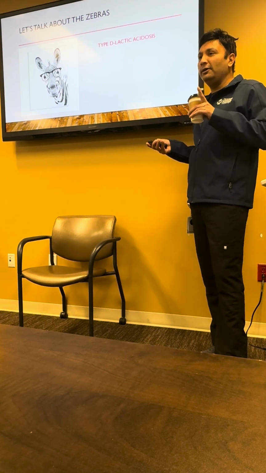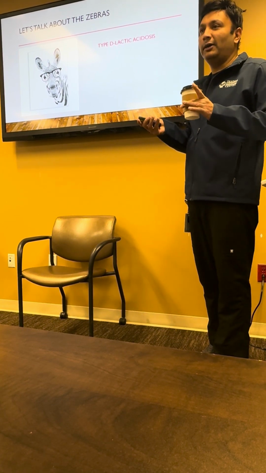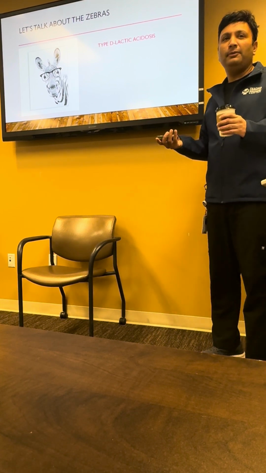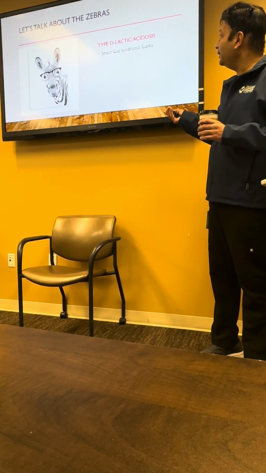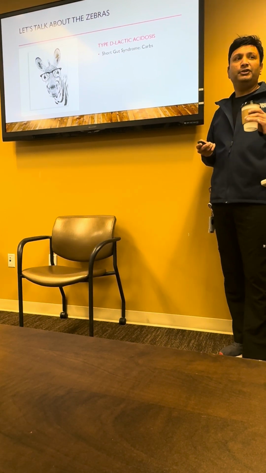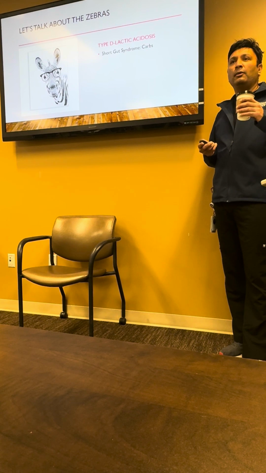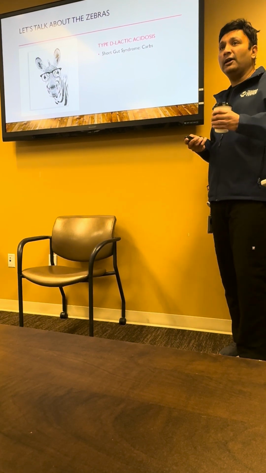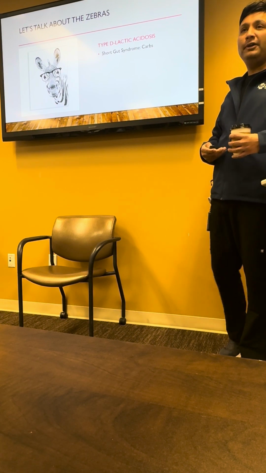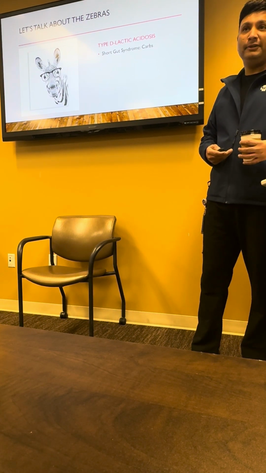I've probably seen only one patient so far, and I think that's only because it was not me directly, it was one of my co-residents, but only because they were vigilant about it. It's classically seen in people with short gut syndrome. So people with bowel resection or bypasses, when they have high intake of carbs and carb overload, all their carbs go to the colon, and the bacteria break it down into D-lactic acid.